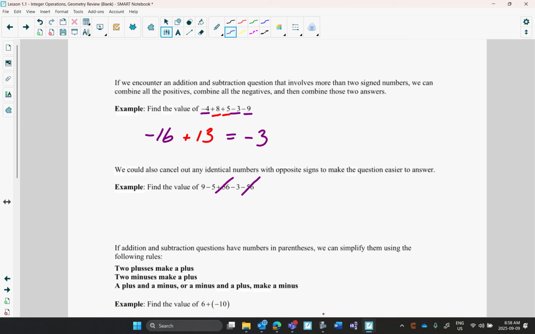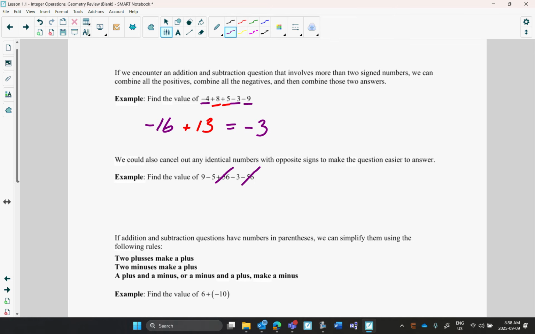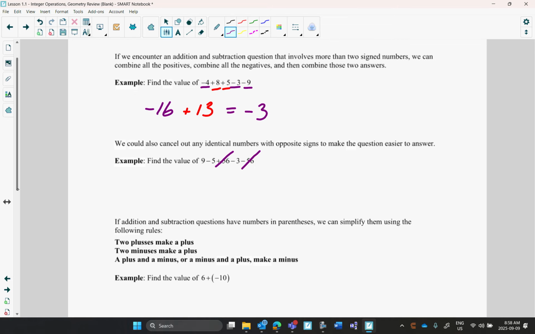You bet. Those just cancel each other out, so we don't even need them in the question. So now it's just 9 subtract 5 subtract 3, which is pretty straightforward. Anyone? 1 is your answer.